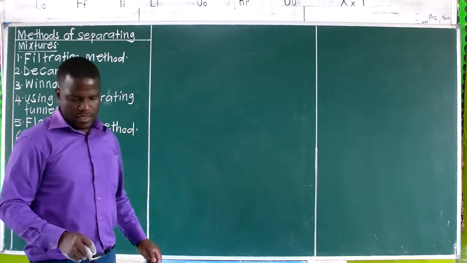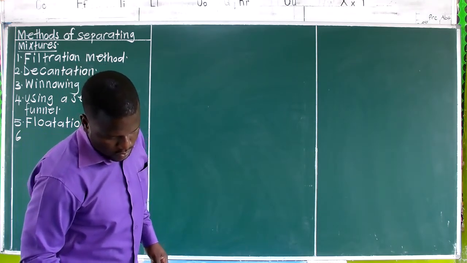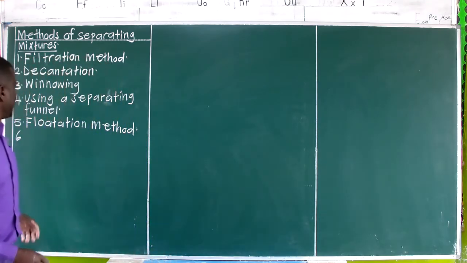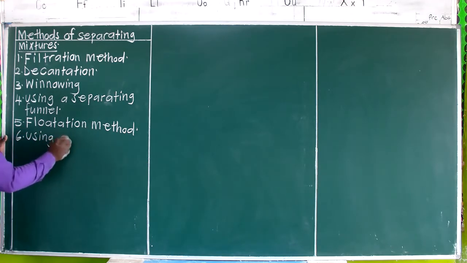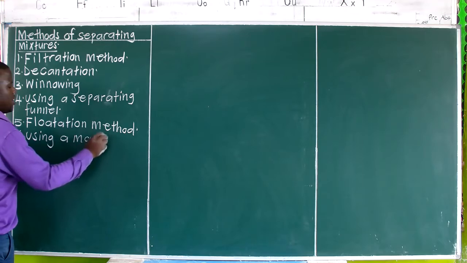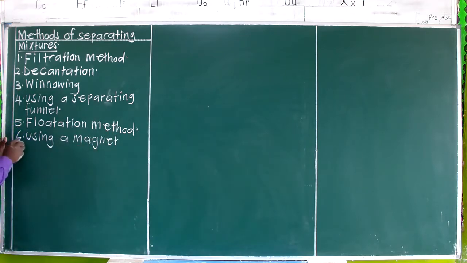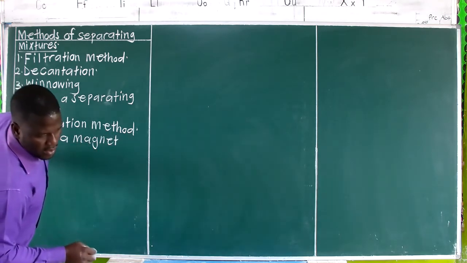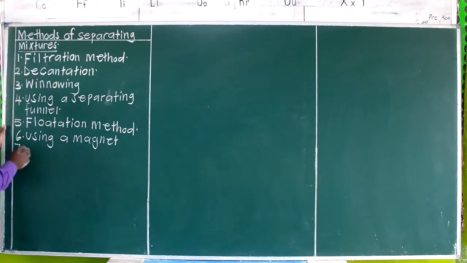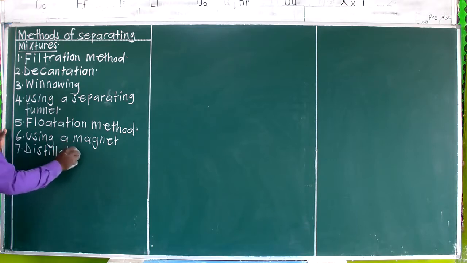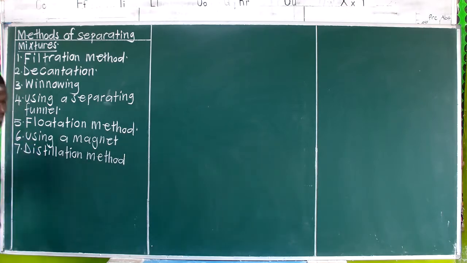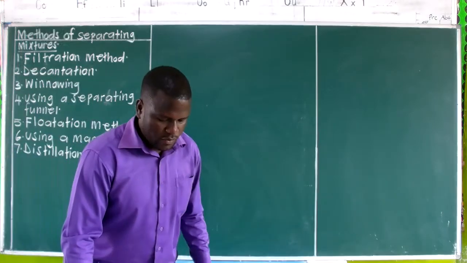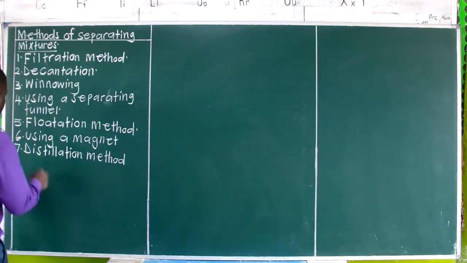Number six, we have what you call using a magnet. Number seven, we have the distillation method. Then lastly, number eight, we have what we call hand picking or sorting.